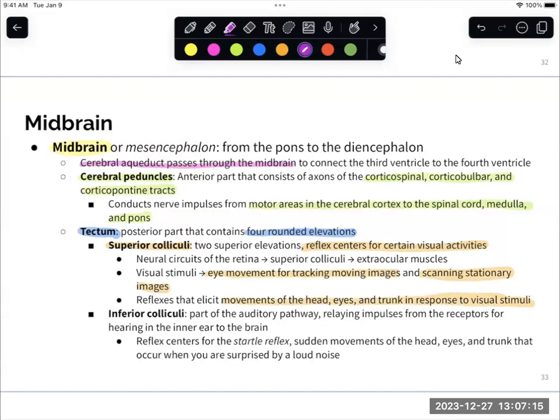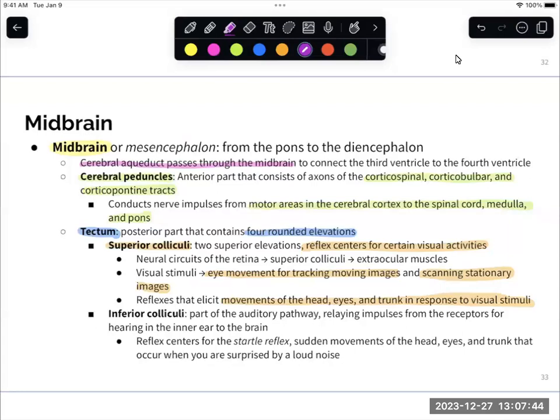So, you hear something behind your shoulder. It allows you to turn your head to look. That's a reflex to turn and look when you hear something. Or if you see something go flying across your field of vision, it allows you to turn and respond to that.